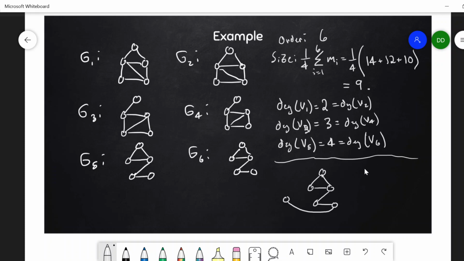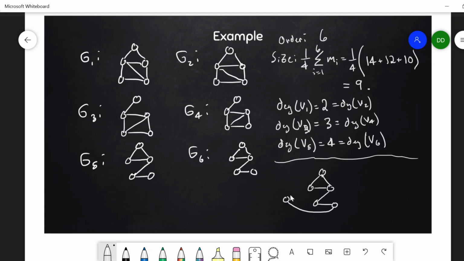Okay, so let's see. This needs to be adjacent to 3 other vertices here. If it were adjacent to this one and this one, then I would end up with 2 vertices of degree 3.